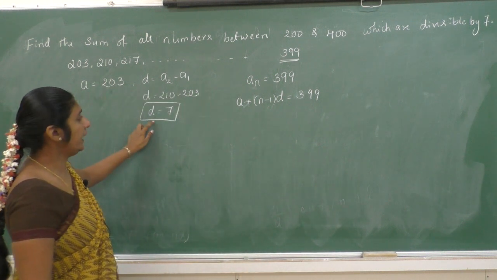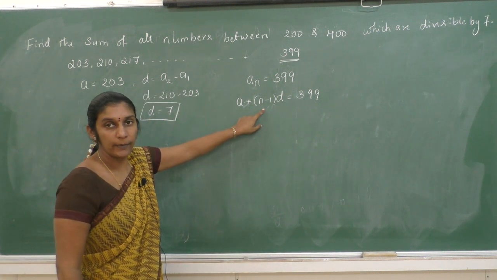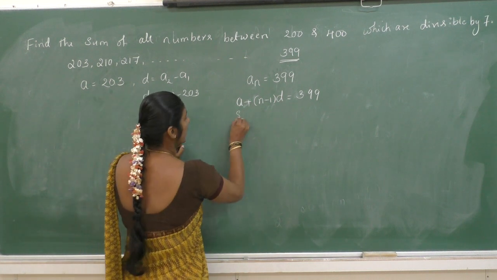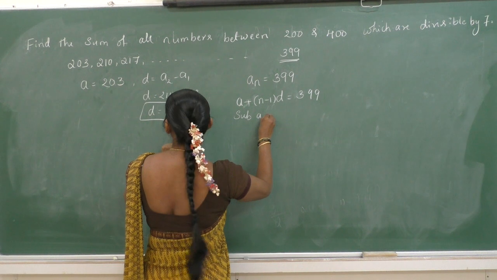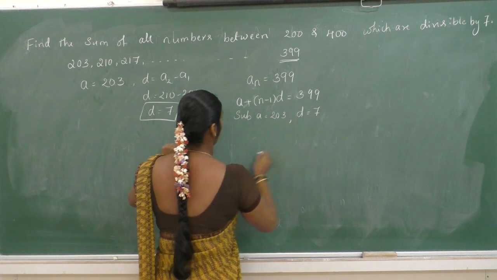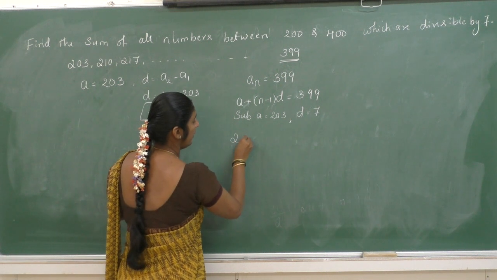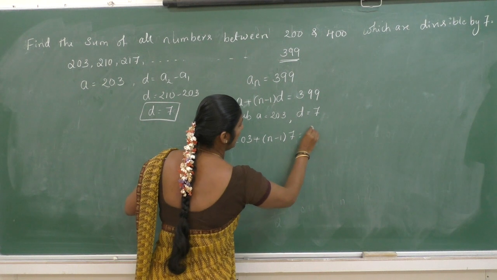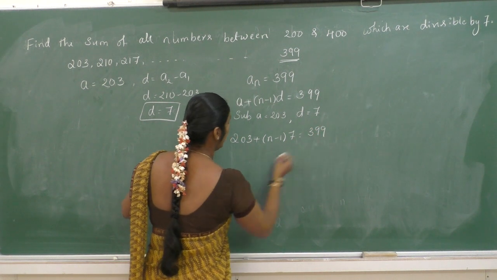Substitute the value of A and D in this expression to get the value of n. So substitute A is equal to 203 and D is equal to 7. So we get 203 plus n minus 1 into 7 is equal to 399.